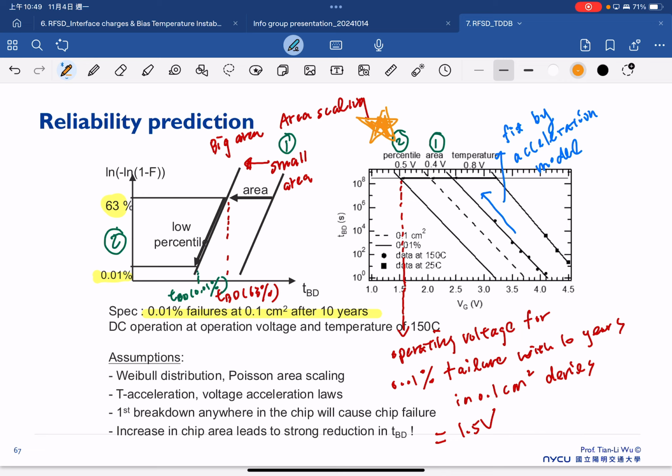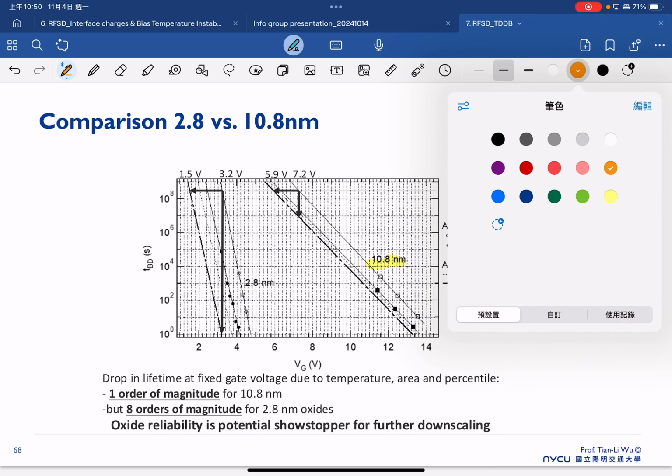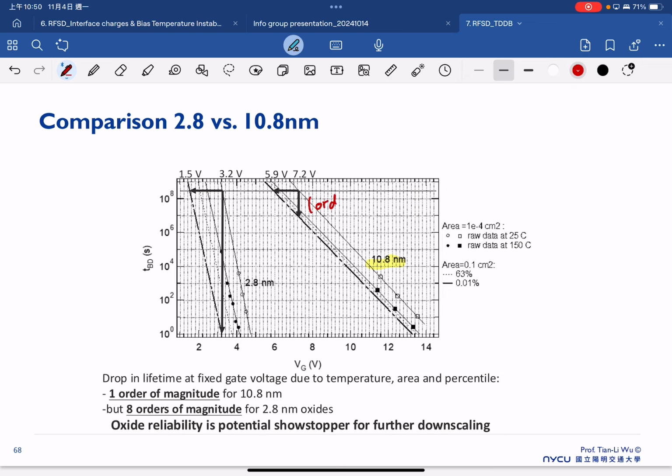Okay, so finally, we compare the 2.8 nanometer versus the 10.8 nanometer. This is the 10.8 nanometer. If we do the same scaling to our target, it's only 1 order decrease. But if we compare to the 2.8 nanometer, we have the 8 order decrease.